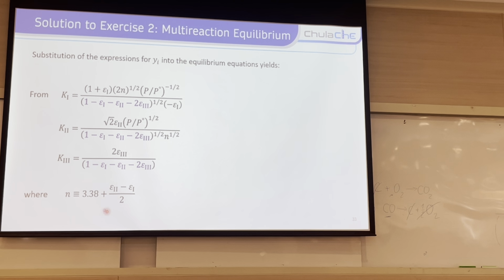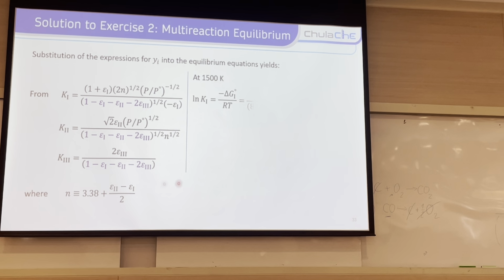So I change this group 1 into m here. Then in principle, you have 3 unknown parameters, which are epsilon 1, 2, and 3, and you have 3 equations. So in principle, you can solve it already.